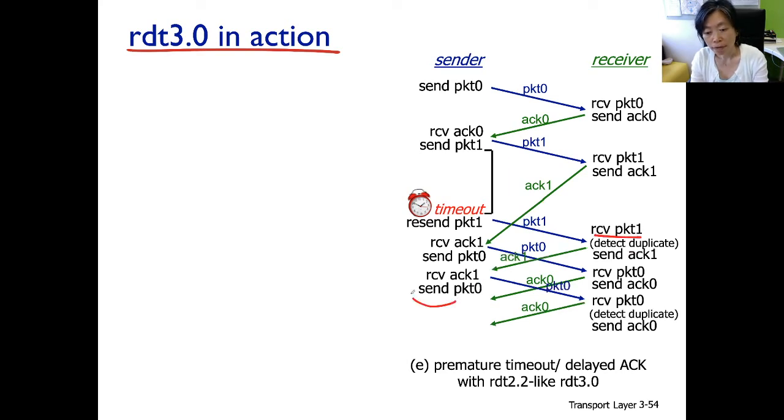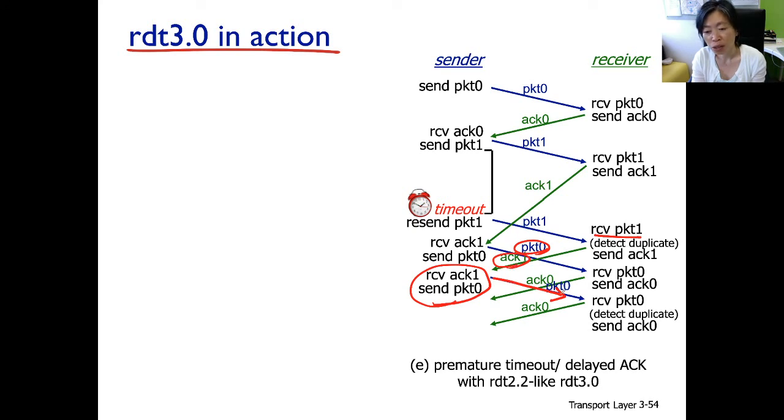But if we are not running plain RDT 3.0, but RDT 3.0 with retransmission upon a corrupted ACK or a negative ACK, then we send what? Packet 0, okay, again. Because obviously packet 0 is seen as corrupted, therefore we get ACK 1.